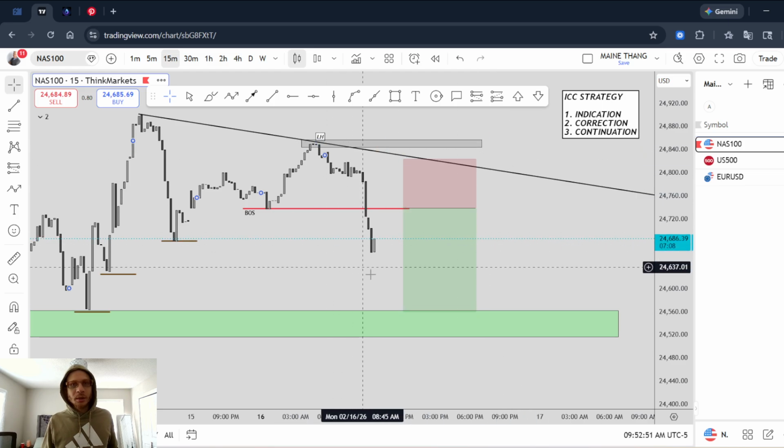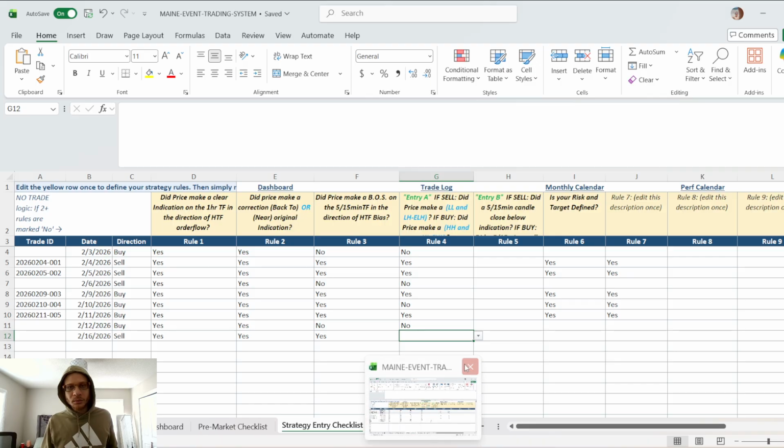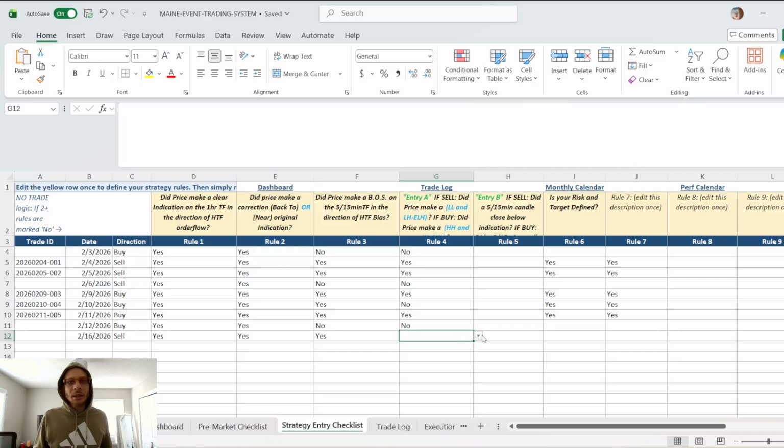We got a lower high. We're waiting for that lower low to form so we can mark this off. Once we get this marked off, we have our lower low and our lower high.